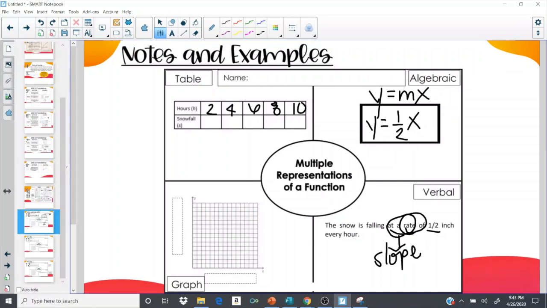Snow is falling at a rate of 1/2 inch every hour, so we're going to multiply our number of hours by 1/2, which is the same as dividing by 2. Multiplying by 1/2 and dividing by 2 is the same thing. So half of 2 is 1, half of 4 is 2, half of 6 is 3, half of 8 is 4, and half of 10 is 5.